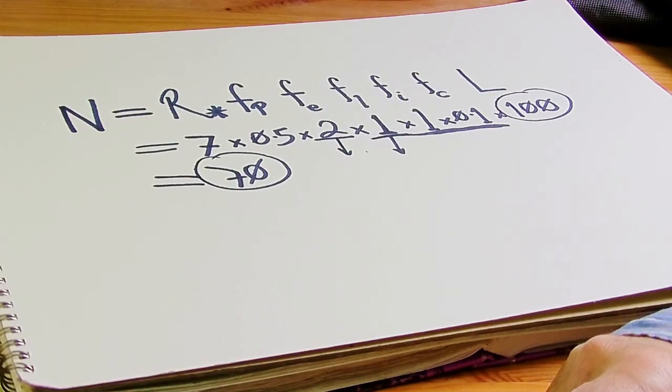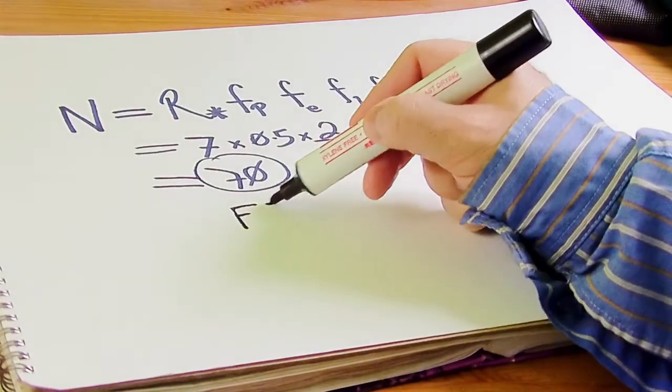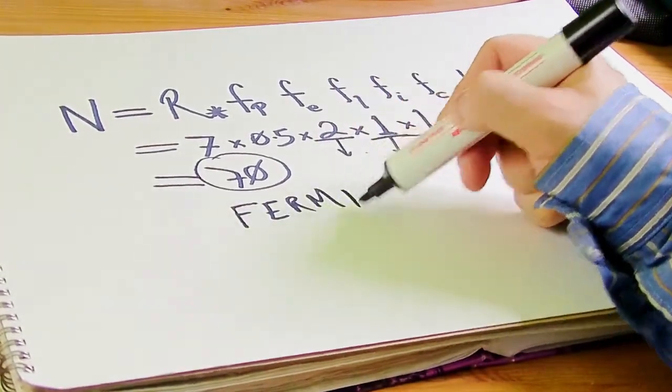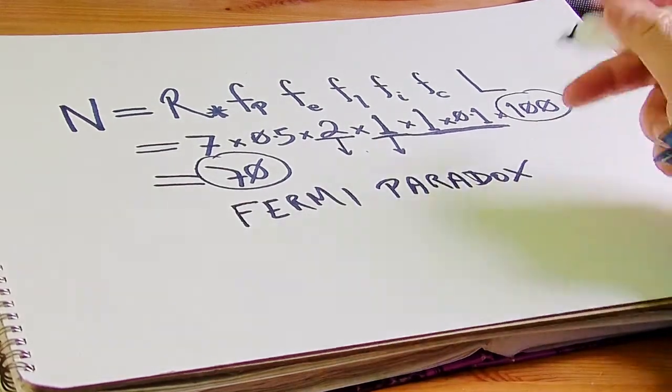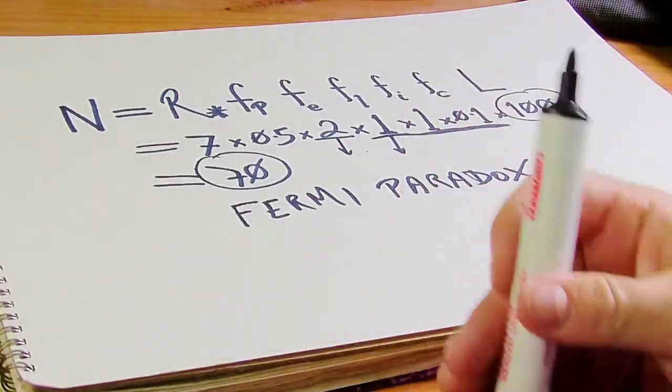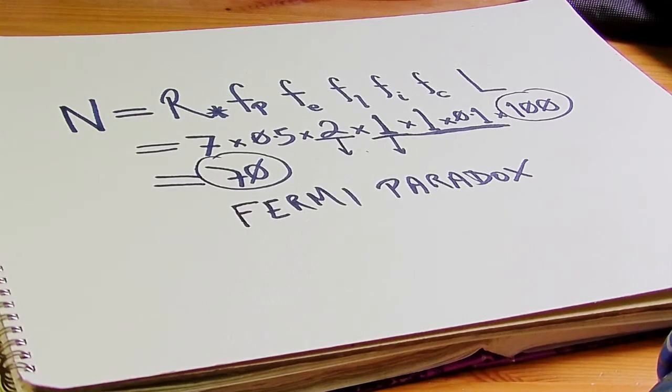Why aren't they here? This is known as the Fermi Paradox. I mean, supposing a civilization developed 100 million years ago, the first one, they would have had plenty of time to colonise the galaxy.